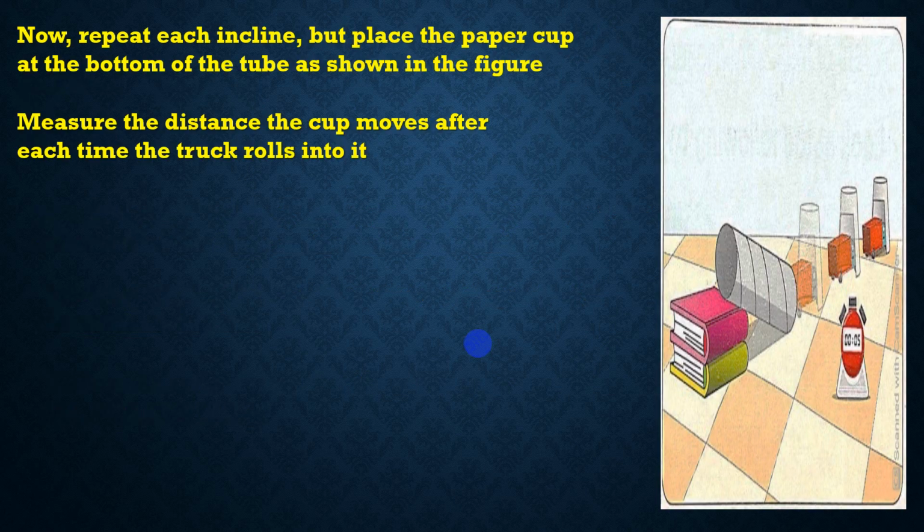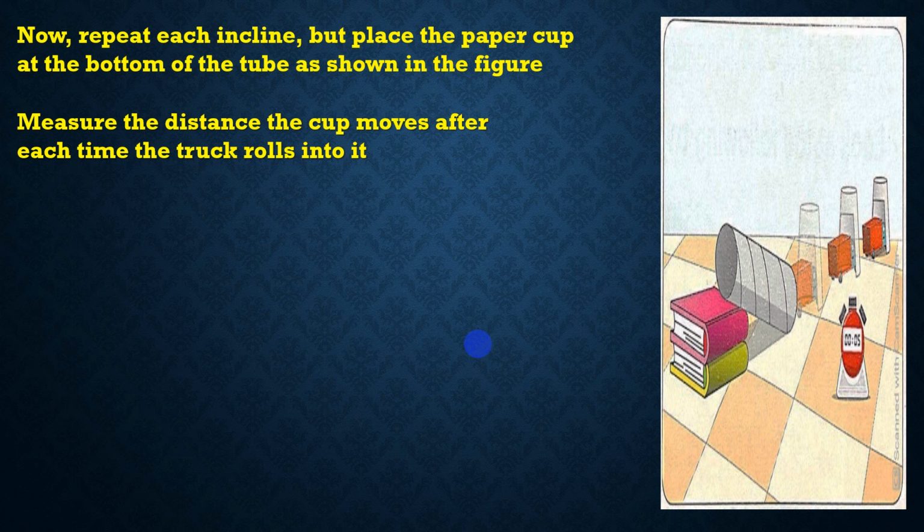Now repeat each incline, but place the paper cup at the bottom of the tube as shown in the figure. As you can see in this picture, you can see the paper cup, and you just fix it every time you repeat this experiment. Then you have to measure the distance the cup moves after each time the truck rolls in it.